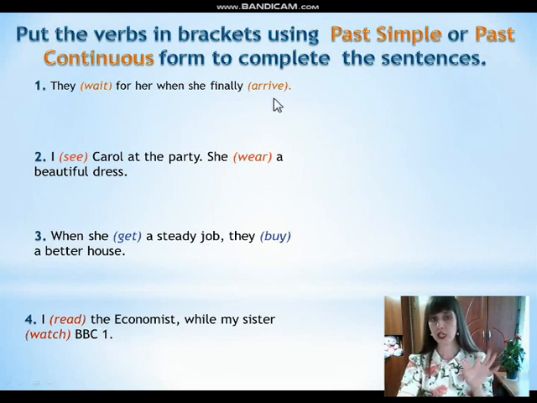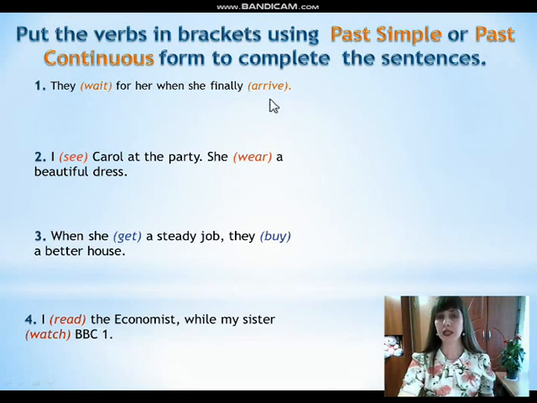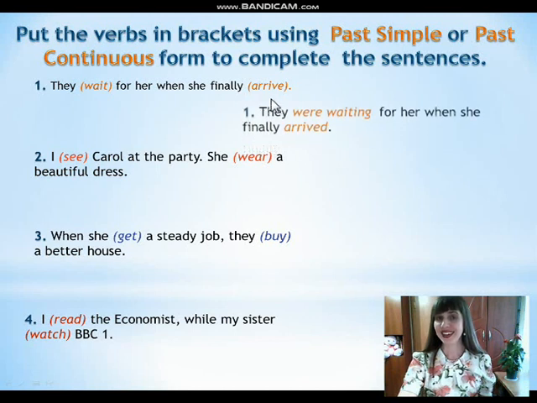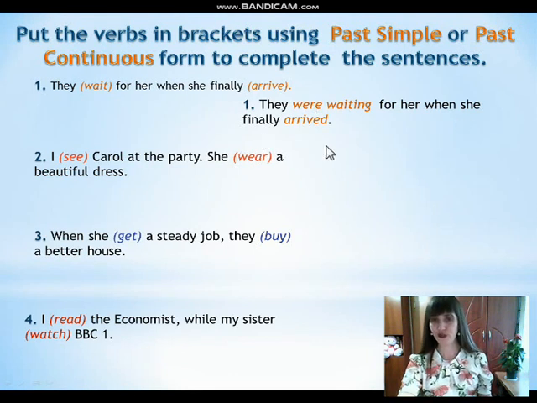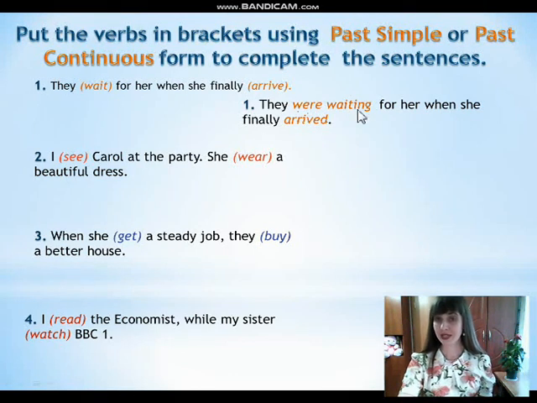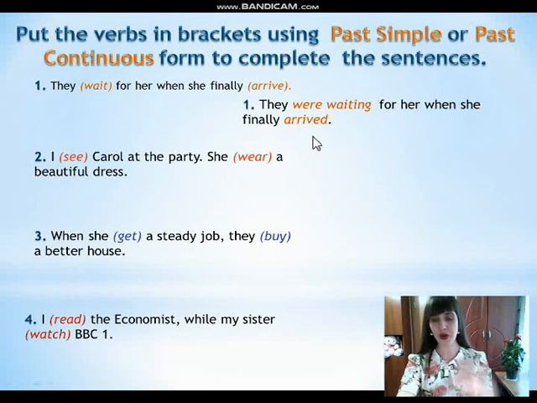Long action and short action. So, what can that be? So, here we have this sentence. They were waiting for her when she finally arrived. That is a long action in the past, and this is a short action in the past.